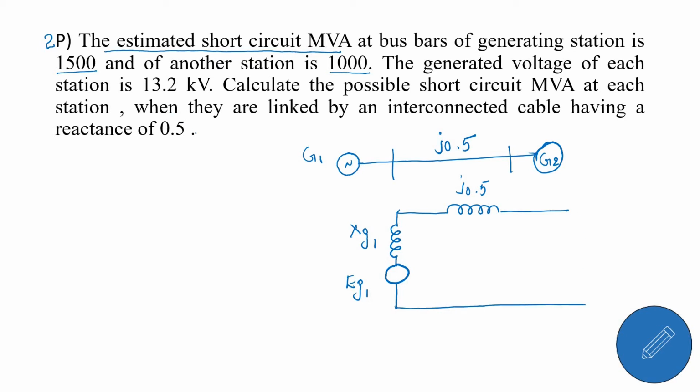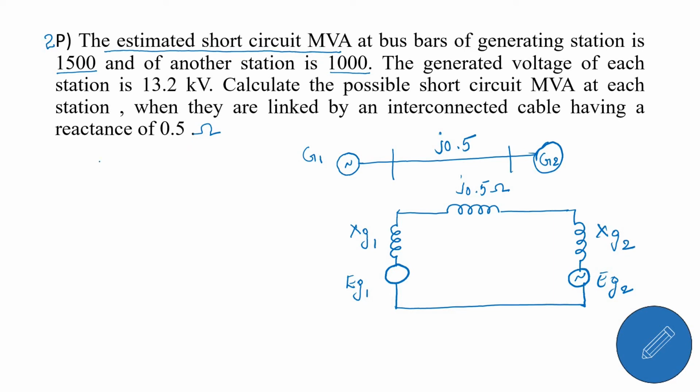This is given in ohms, j0.5 ohms, and here it is E_G2 and X_G2.